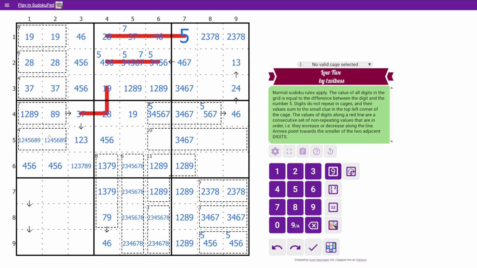If it's a 4-0, this 10 could only have one 4. But then it could have a 3, 2, 1.